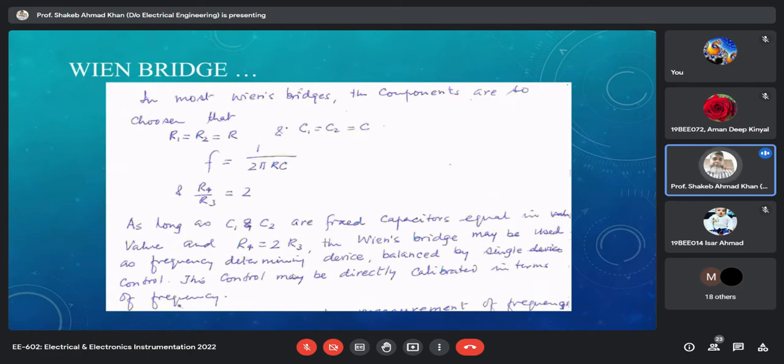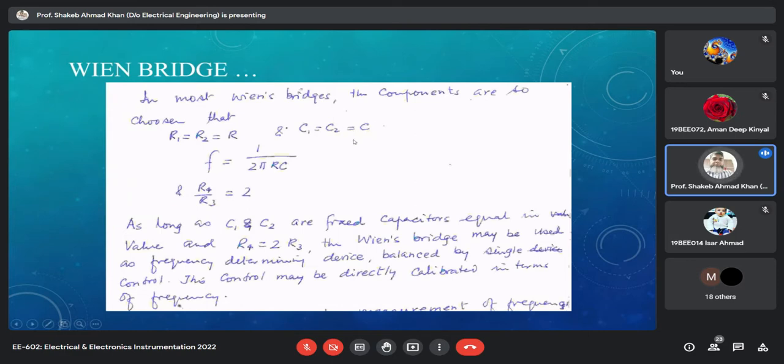Now suppose in this case we make R1 equal to R2. This is possible. We can have two resistances R1 and R2 of the same value, and similarly C1 equal to C2.